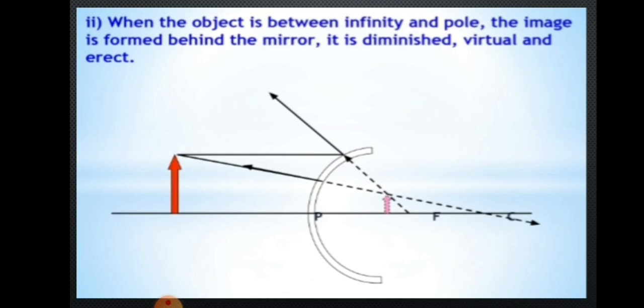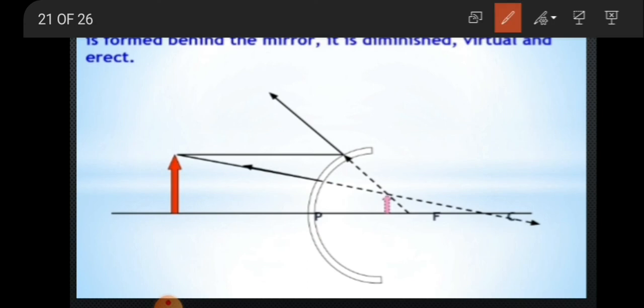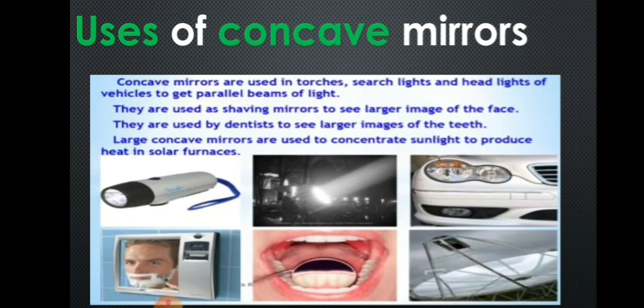When the object is placed between infinity and pole, the image is formed behind the mirror, diminished, virtual and erect.